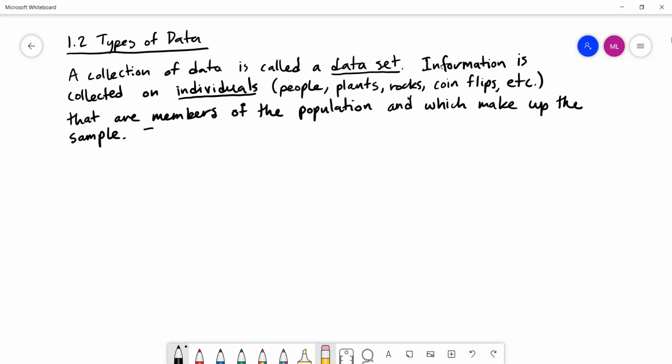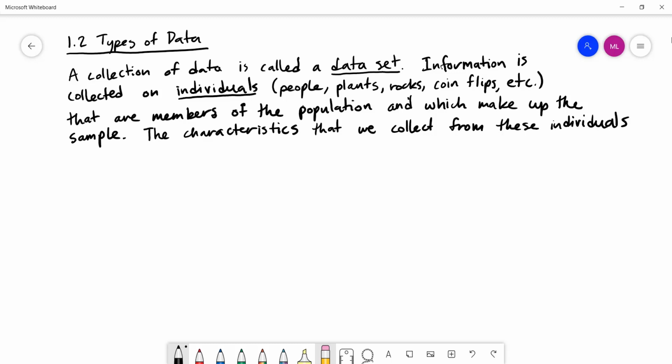The characteristics that we're interested in studying about these individuals. So the characteristics or types of outcomes or result or information that we collect from these individuals is what we call variables.